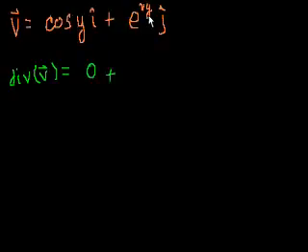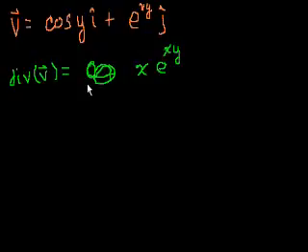Plus, what's the derivative of this with respect to y? Well, you could just view x, since it's a constant, as the coefficient on y. So the derivative of xy with respect to y is just x. And then the derivative of e to anything is e to anything. I just did the chain rule. E to the xy. And so that is the divergence. It's x e to the xy.